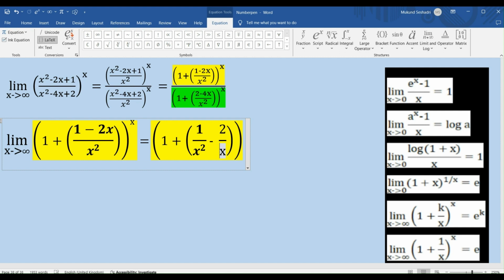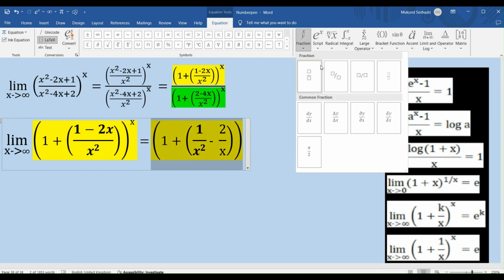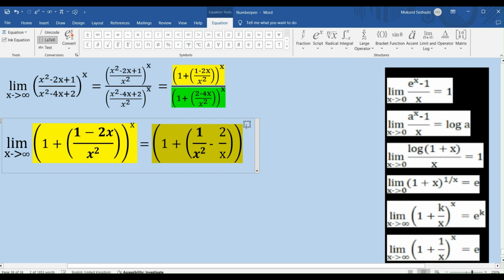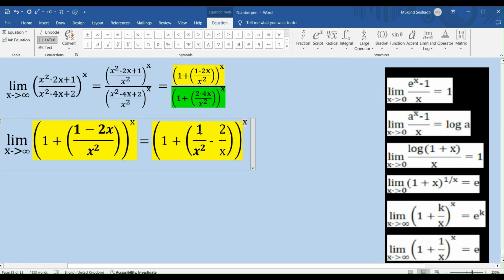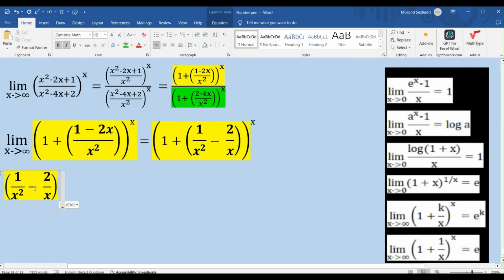So if I'm going to replace 1 minus 2x by x square as a y and rewrite this expression, then what do I get? All I get is, let's do that in the next step, right? If I do the substitution, let's assume this is equal to y. What do we get?